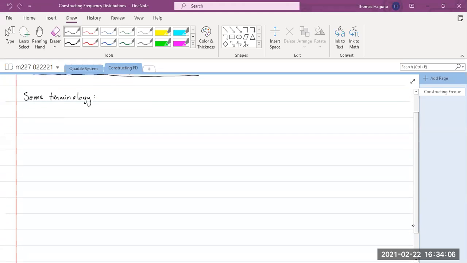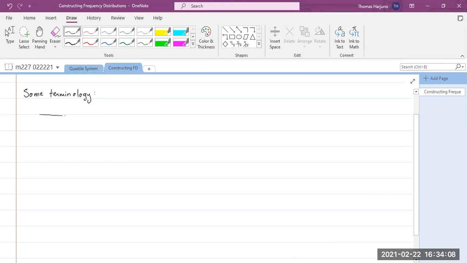Suppose I have this frequency distribution here. Let's say this is my outcome and this is the frequency. Let's say this is from 12 to 18, 19 to 25, 26 to 32, 33 to 40.